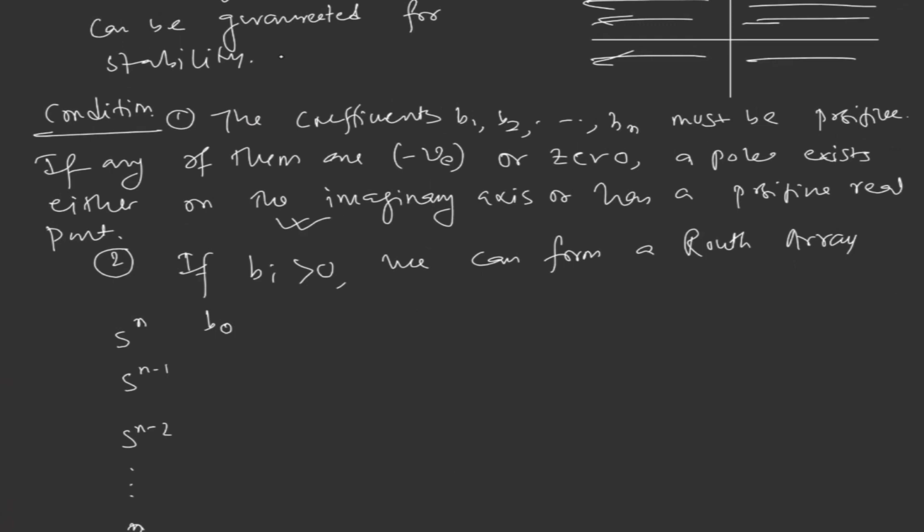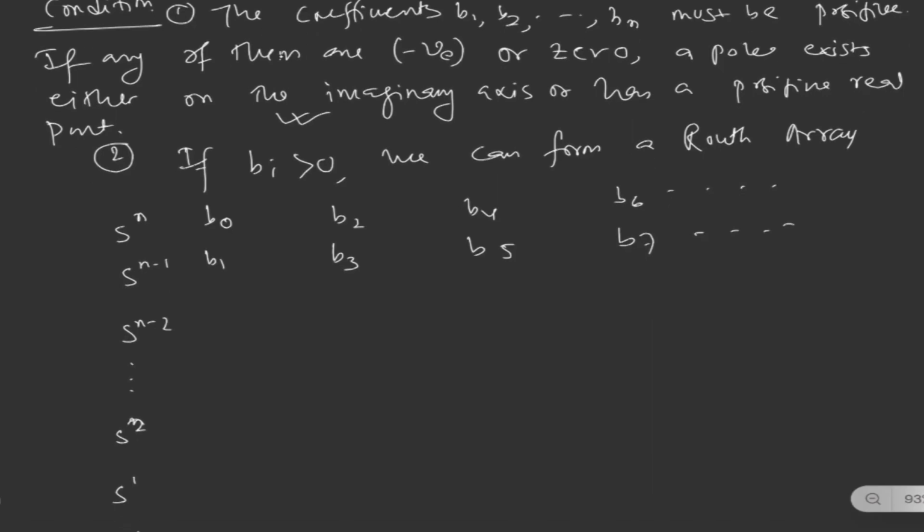Let me write B0, for example B2, this is an even number, B4, B6, and so on. And for the next row, we'll go to odd: B1, B3, B5, B7. We'll come up with an example, then it will be clear to you.